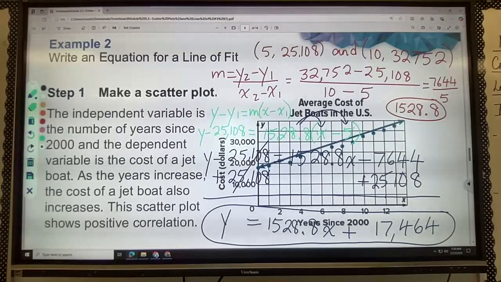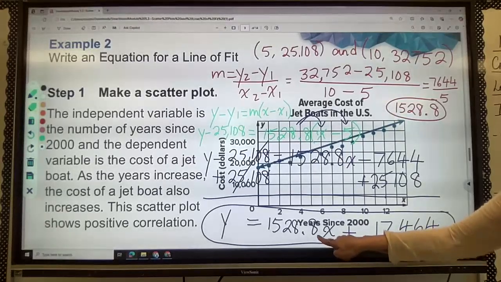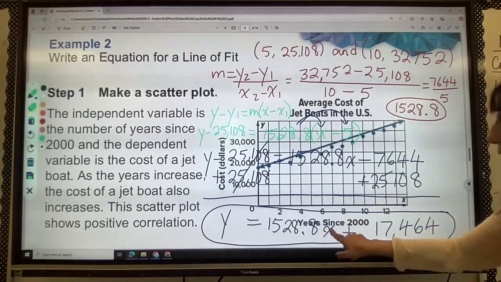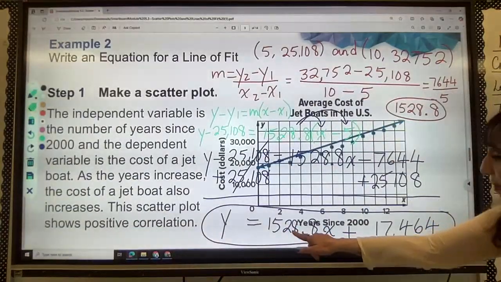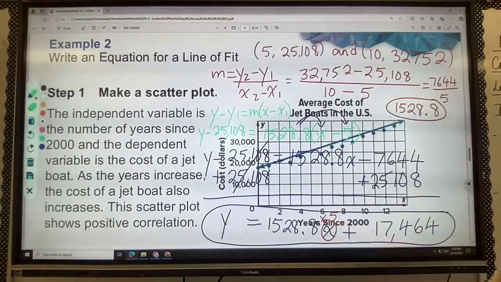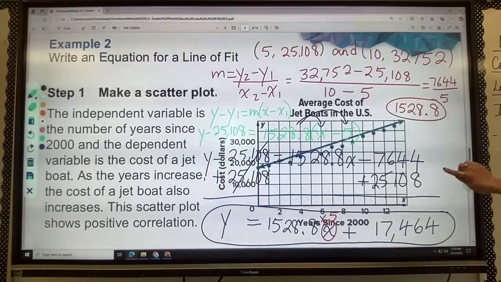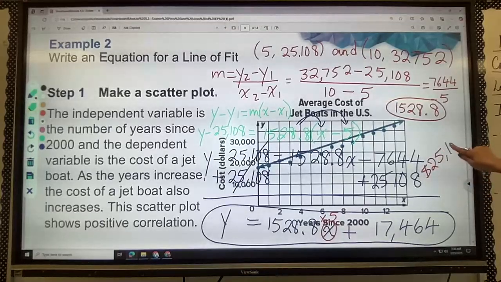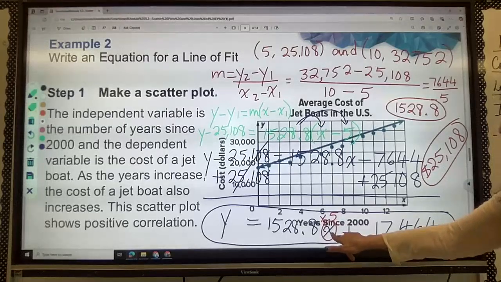So therefore, all I'm going to do is substitute the value of x, times 5. So I'm going to do 1,528 and 8/10, and instead of x, I'm just going to say times 5 in order to do the calculation. And so when I simplify, I get 25,108. And so this is my final answer once I substitute that x value with 5.